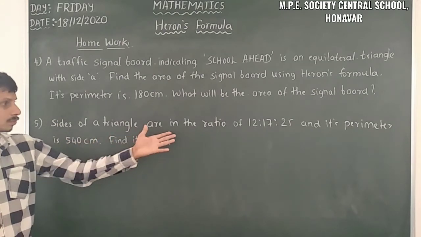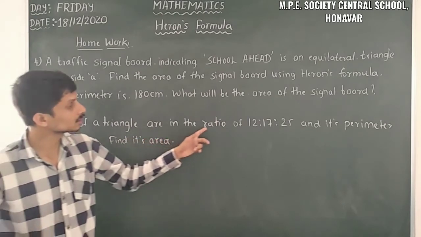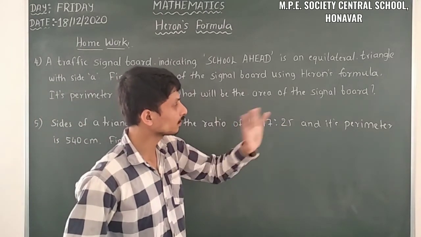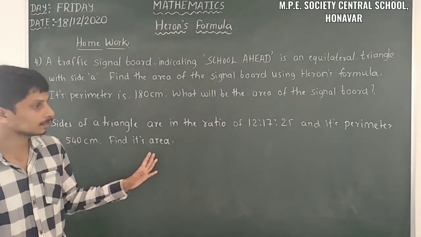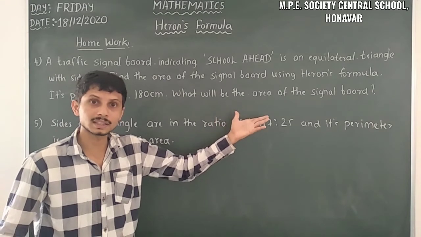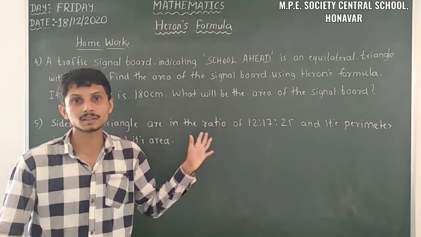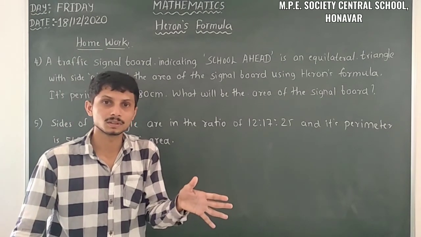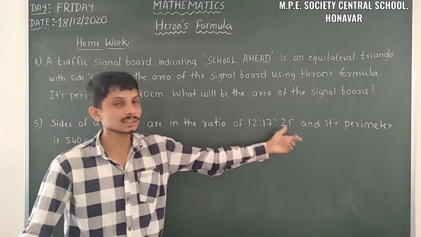Yes, so let us move on to the next question. It's based on the ratios we already did. The sides of a triangle are in the ratio 12:17:25, and its perimeter is 540 centimeter. Find its area. Already we know that in the case of the ratio 3:5:7 we took 3x, 5x, 7x at that time. Here also you have to take the same: 12x, 17x, 25x.